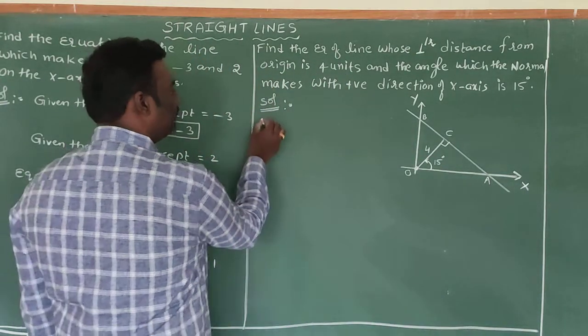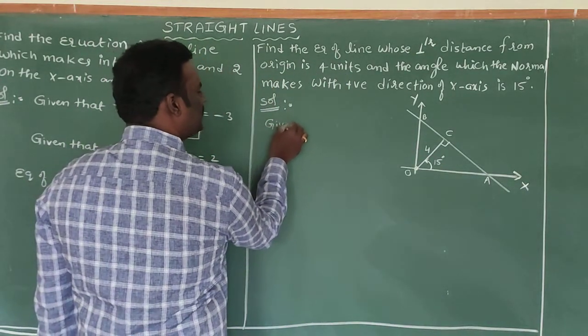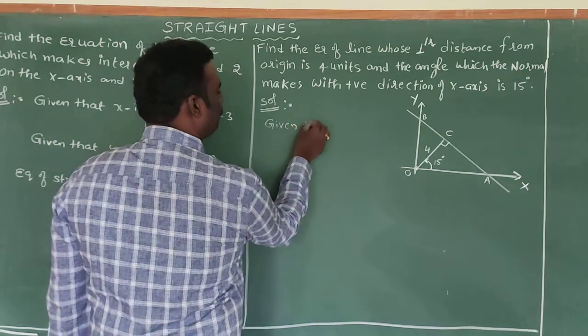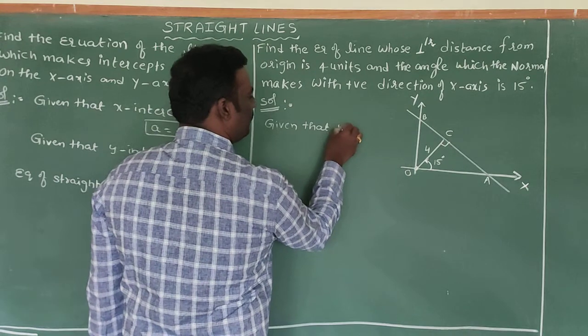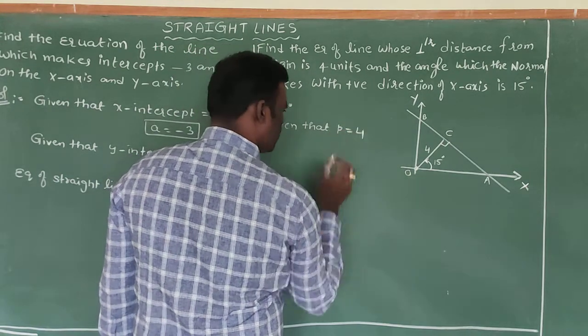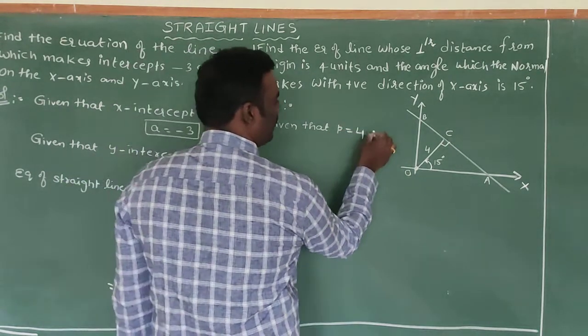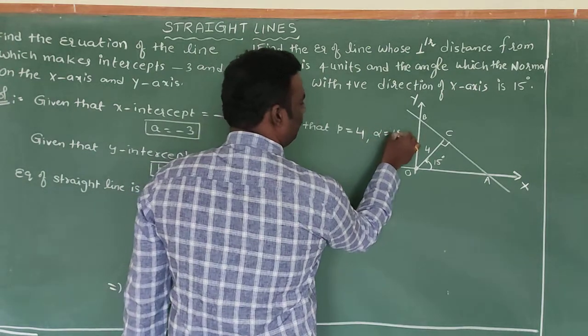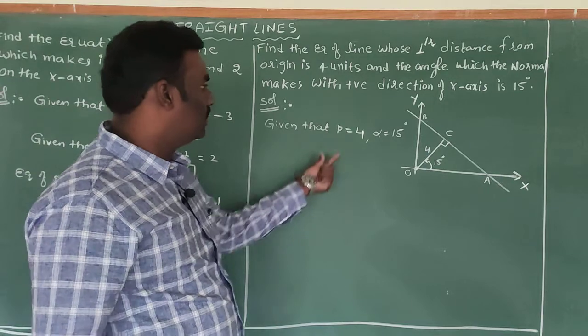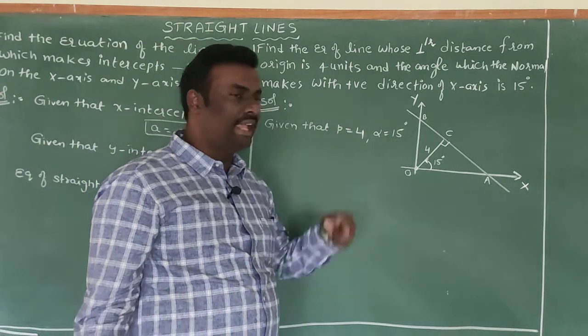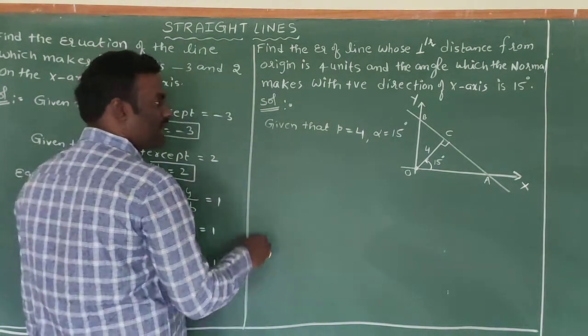Okay, now given that this normal length is called P, that equals 4, and the angle is called alpha, that is 15. So, you know the length of the perpendicular and you know the angle. Now, I am applying normal form.